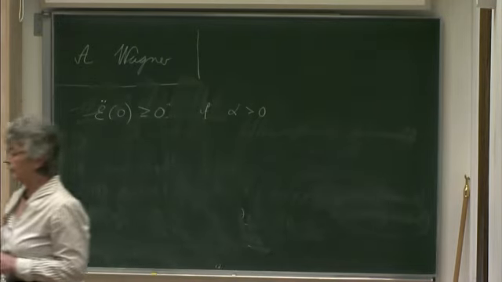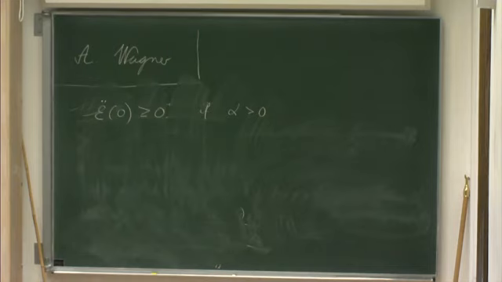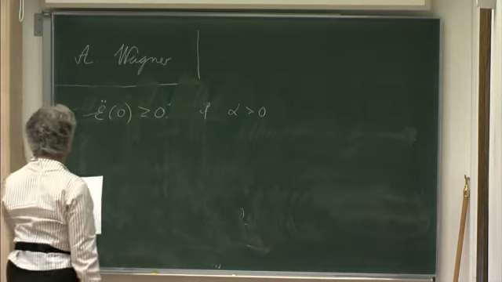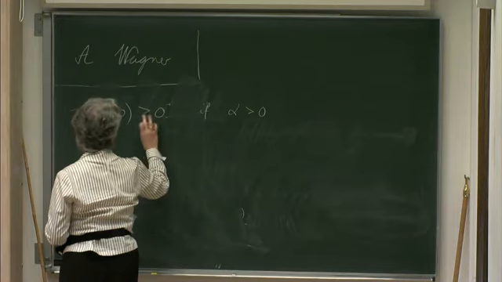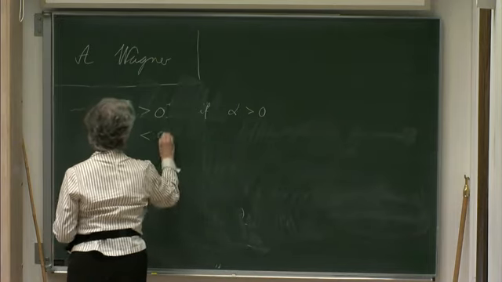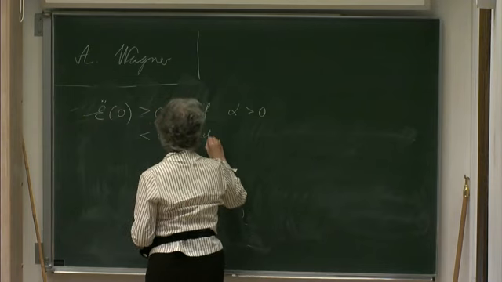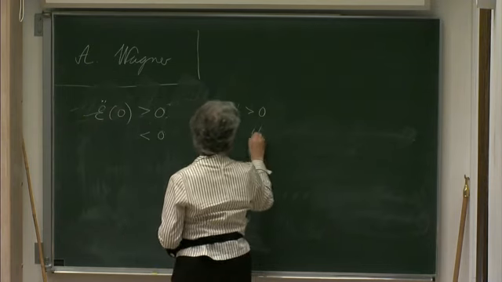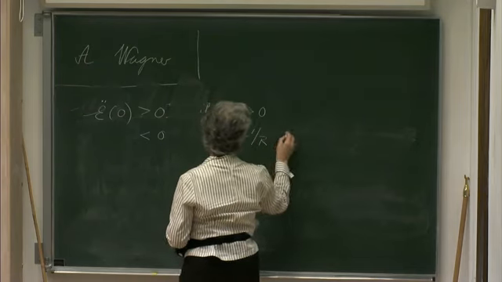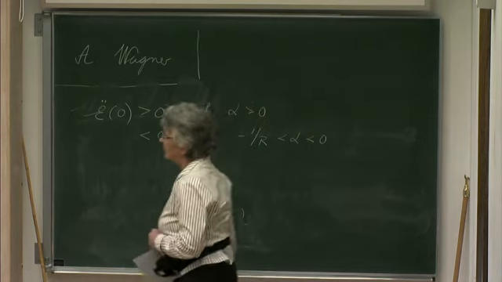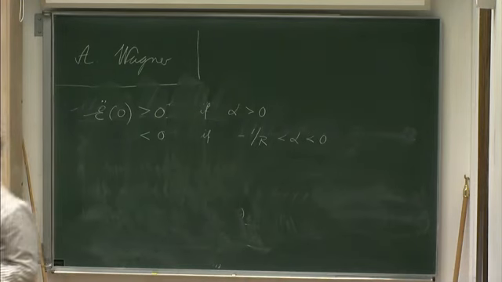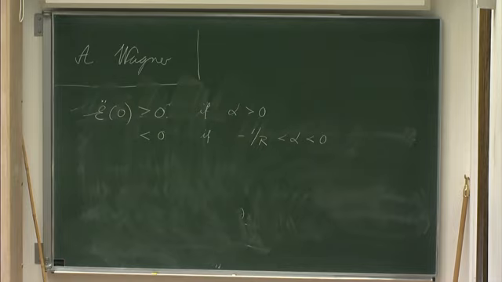So the ball is somehow a minimum, and it is negative if alpha is between 1 over r and... negative. So for small negative alpha, the ball is a local maximum.